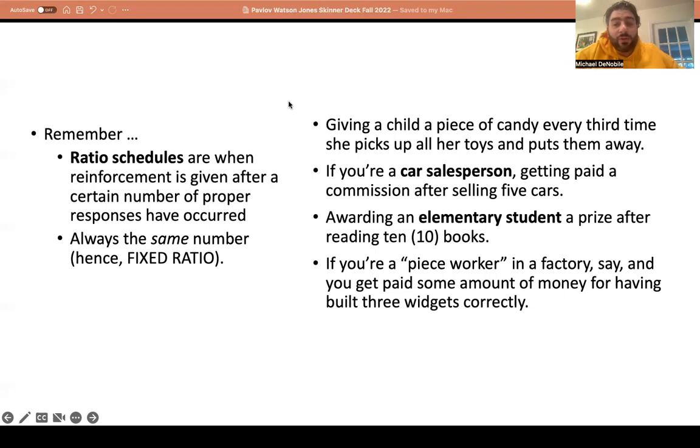Awarding an elementary student a prize after reading 10 books. If you're a piece worker in a factory and you get paid some amount of money for having built 3 widgets correctly. Think of ratios in an employer sense, and they're like bonuses. You do certain behaviors and you will get a bonus.